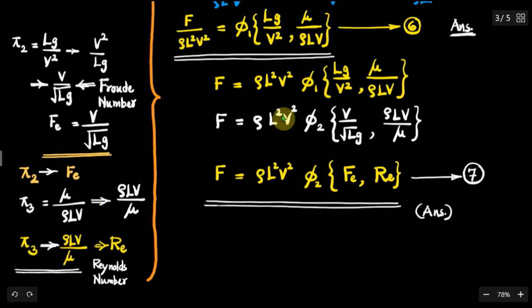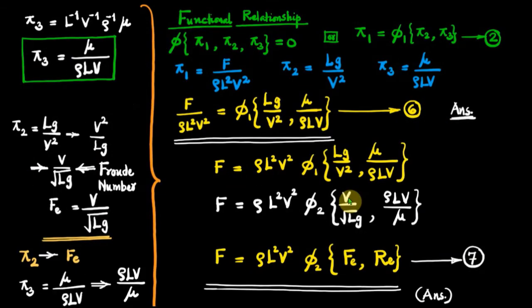So therefore, what you can write is F is equal to rho L square V square into function of Lg by V square and mu by rho LV, can be written as F is equal to rho L square V square into another function, say phi 2, of V by root of Lg and rho LV by mu.